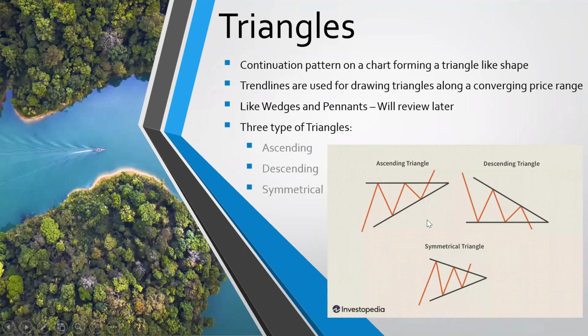So again, triangles are a continuation pattern. Trend lines are used for drawing triangles along a converging price range. Like this is a converging price range, a converging price range here.